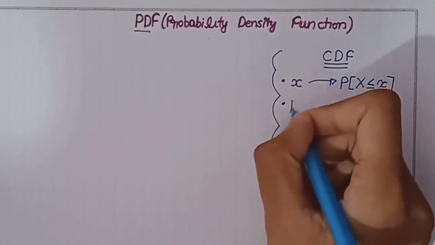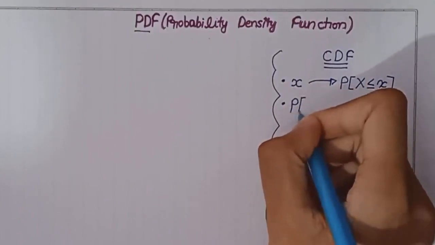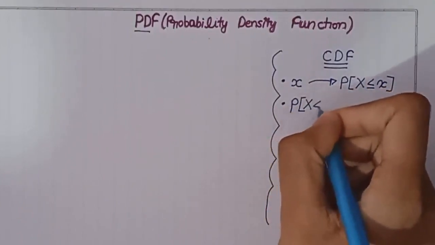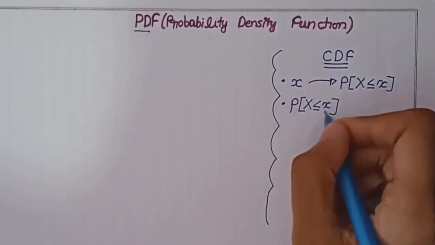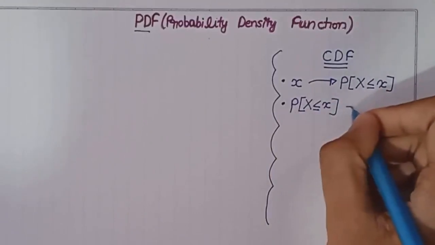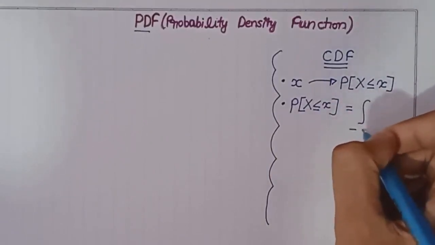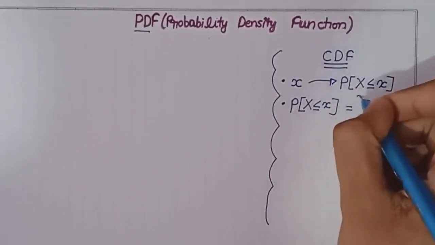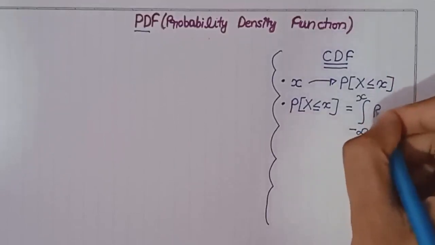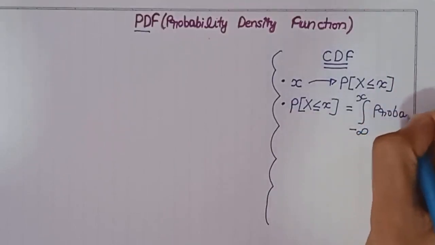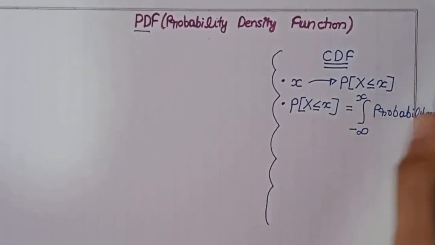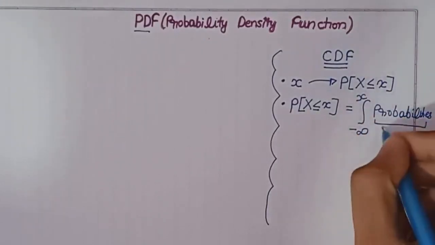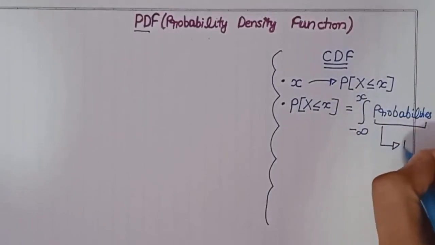We also saw that the formula to calculate CDF, that is the sum of probabilities less than or equal to x, is equal to the integration from minus infinity to x of the probability function, which I told you we are going to get from the PDF table.